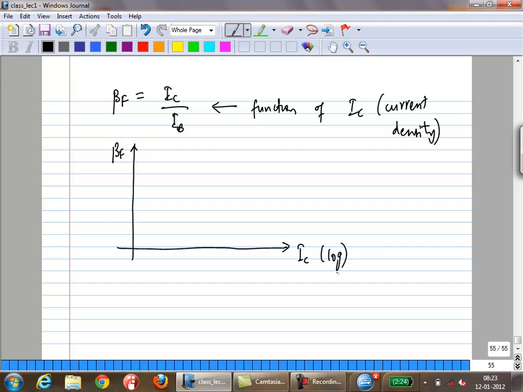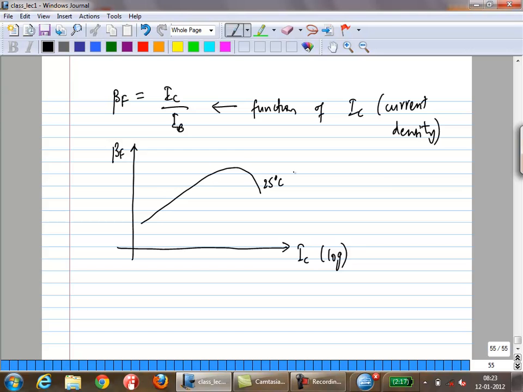If I plot beta F as a function of IC, do you know what it will look like? Will it be constant? So it turns out it will look something like this. There will be a certain bias current, a certain collector current at which beta will be very large. But the important thing to know is that it is a function of the collector current.